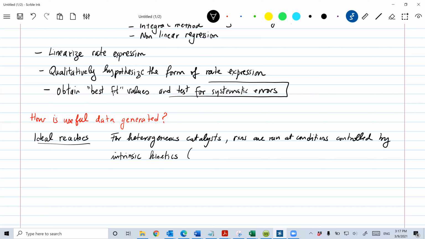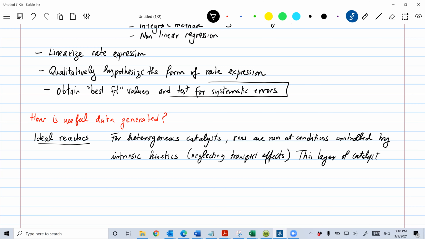So basically neglecting transport effects. And one way to do that is to use a very thin layer of catalyst so that the transport effects are negligible. Very little catalyst, very thin layer of catalyst.